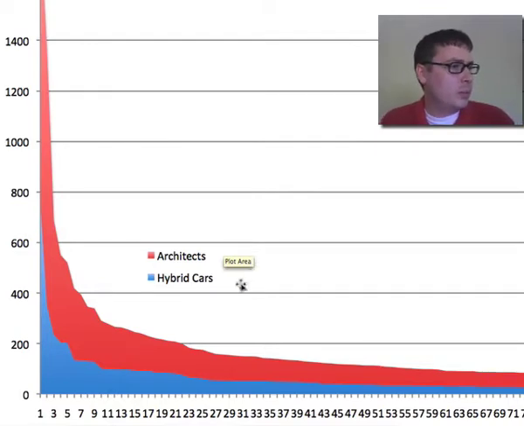And so what we've got here is a much more robust curve with architects, and that's because the standard deviation there is lower, and so you get a more rounded vertical, if you will, rather than having all of your eggs in one basket with hybrid cars being the main term and then not a whole lot after that.